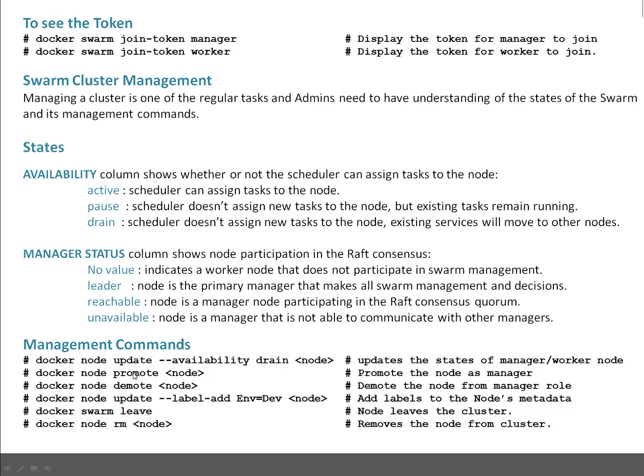docker node promote: basically, this command promotes a worker to a manager. docker node demote, then the node ID or node name: this command demotes a node from manager to worker only. docker node update --label-add, then whatever label you want.